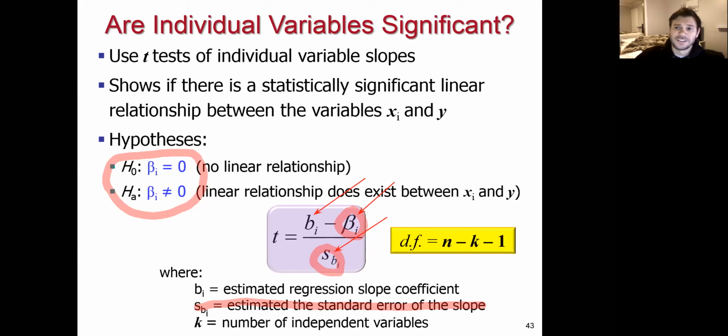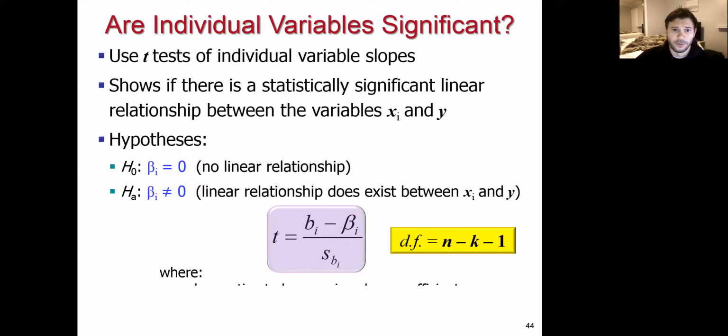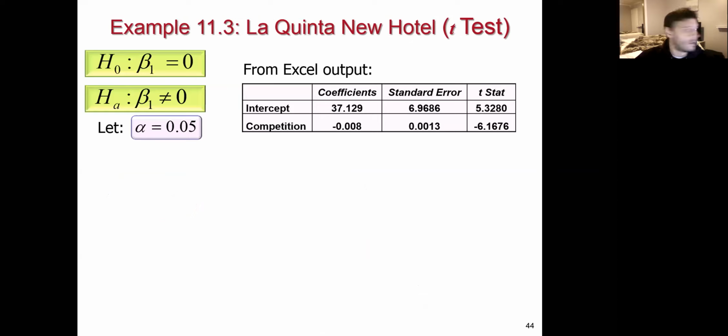But let's look at some output from that Excel table here. Let's specifically look at the output associated with the competition variable, since we recognized the competition variable had a very, very small partial effect. It was negative, but it was small. And the question is, is it far enough away from 0 in the negative direction for us to reject the null hypothesis in favor of the alternative that competition does have a statistically significant effect on the operating margin?